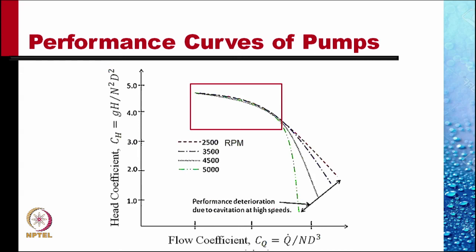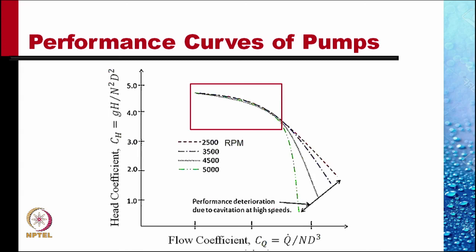The deviation at higher speeds is largely due to cavitation that takes place at higher speeds. And the higher the speed, the earlier cavitation takes place. And that's why there is a performance deterioration due to cavitation.